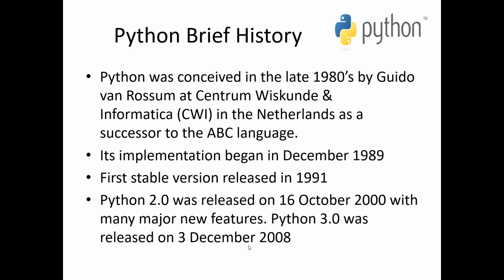Later, when Python 3.0 started, they gave support for Windows also. That is another thing. Earlier it was used for server-side scripting, where applications were deployed in a Unix environment. Full-fledged Windows support was not there.